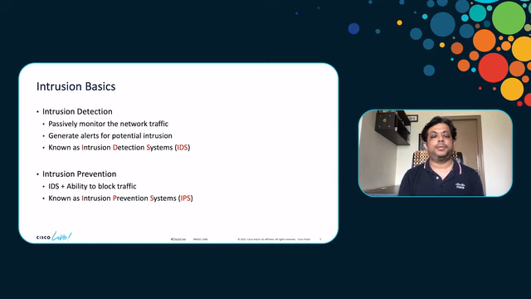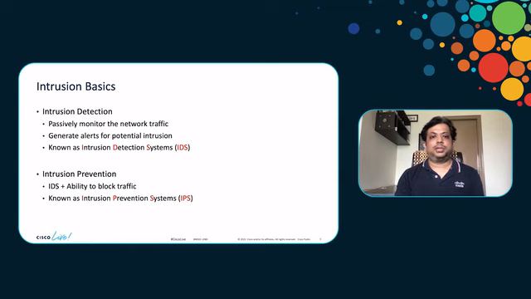For example, if we have a signature that is configured to drop the packet when it matches the said signature, what happens is, in addition to generating an event, the system would go ahead and drop this particular offending packet if the system is in inline mode.